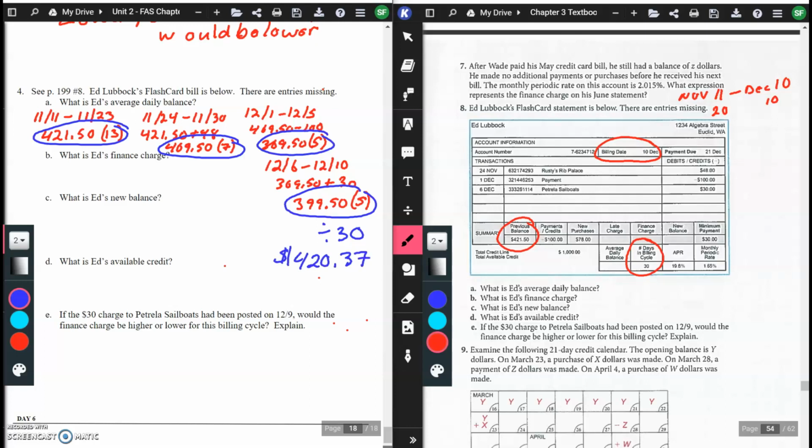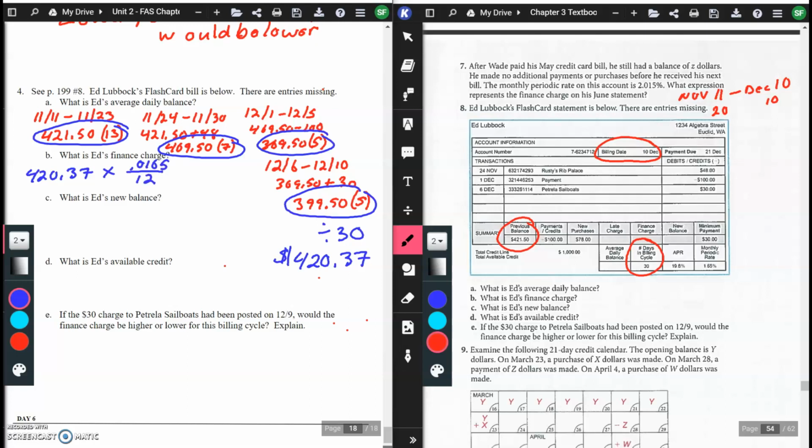His finance charge: $420.37 times his average daily rate, which is 0.0165 divided by 12.